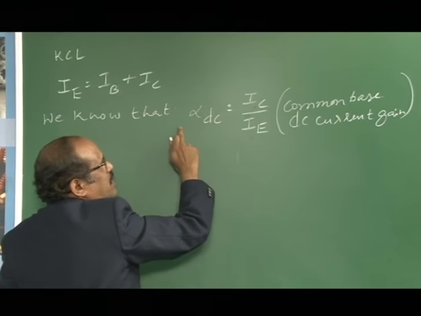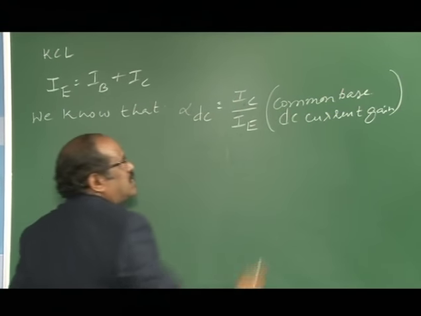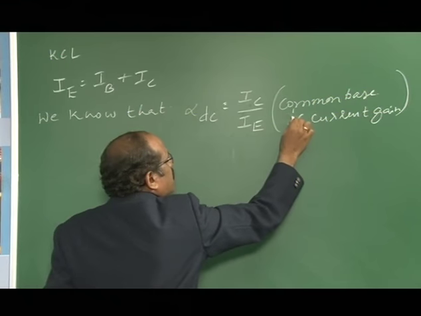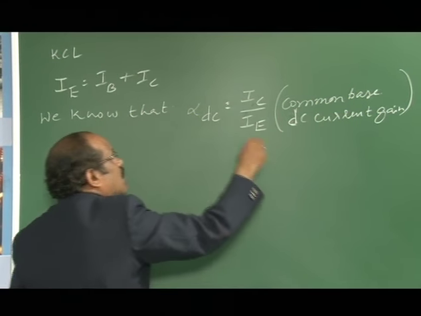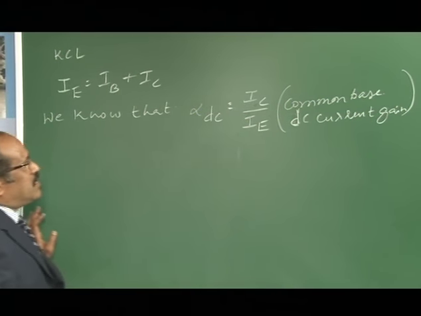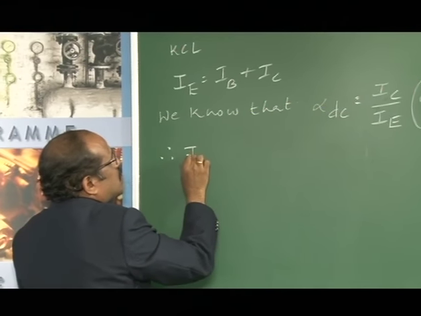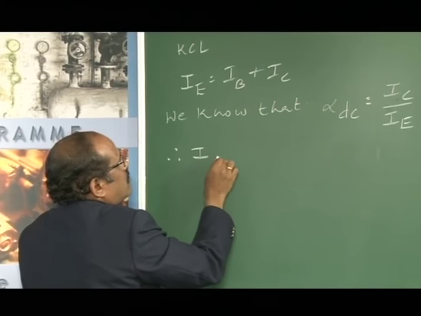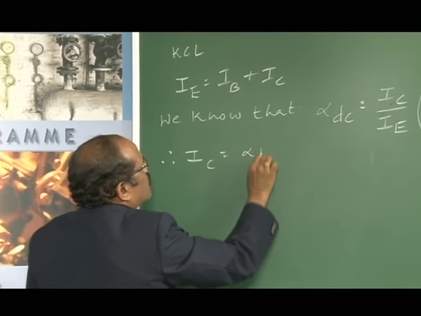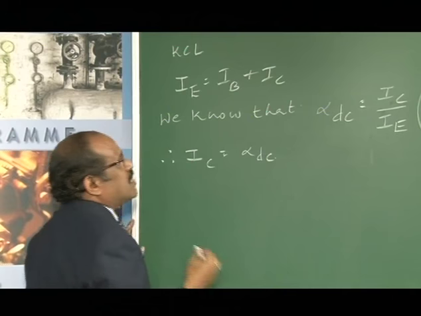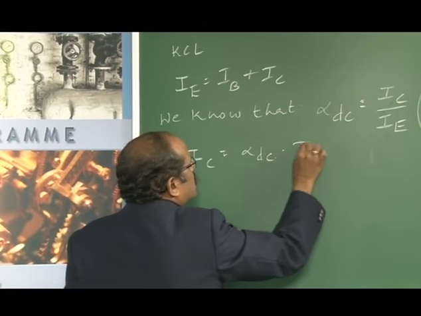Therefore alpha DC, the common base DC current gain, is the ratio of the collector current to the emitter current. So IC is equal to alpha DC times the emitter current.